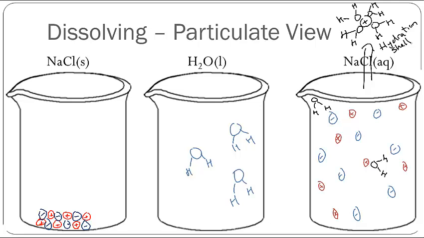Those waters aren't locked into place, but they generally stay in that arrangement where the partially negative oxygen sticks close to the Na+. And if it were the Cl-, the partially positive hydrogens would be there. Okay.